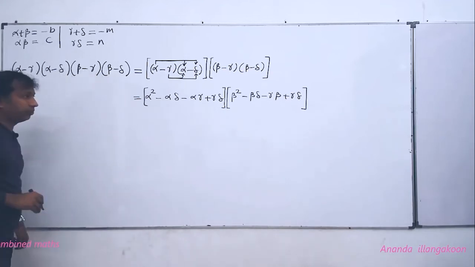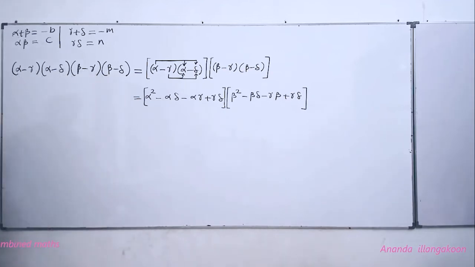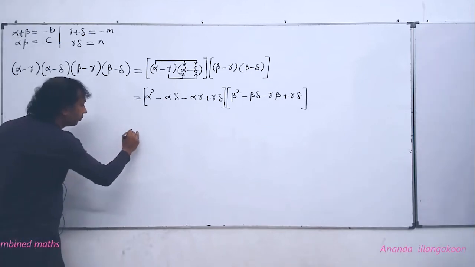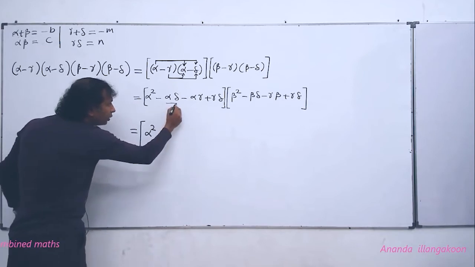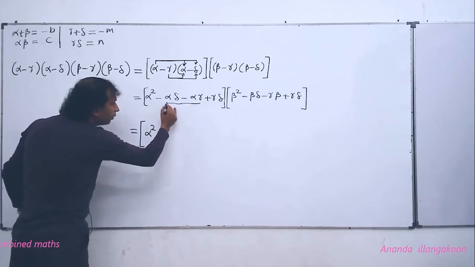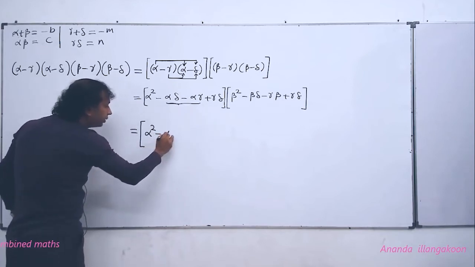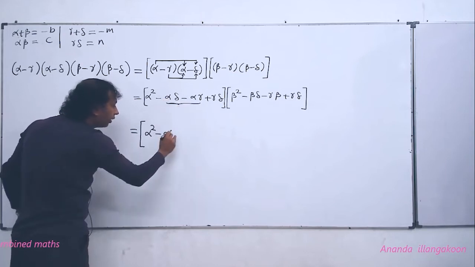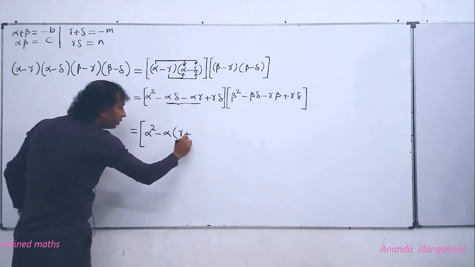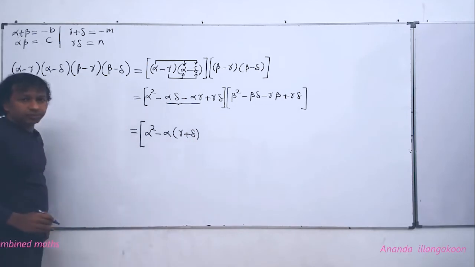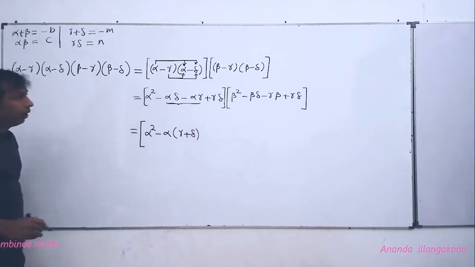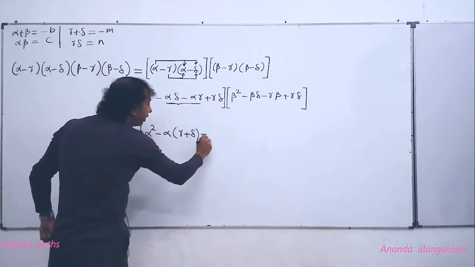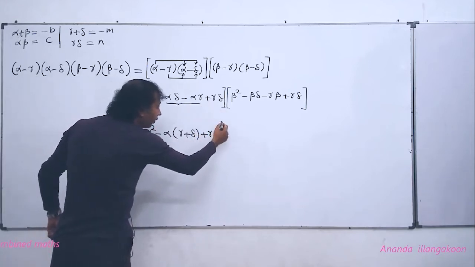Okay, people, now. Right, now what I do is this next. Alpha squared. People, by these 2 terms, you can see minus alpha can be taken out. Gamma plus delta. And this gamma delta, I write like this. The next step we can substitute for that.